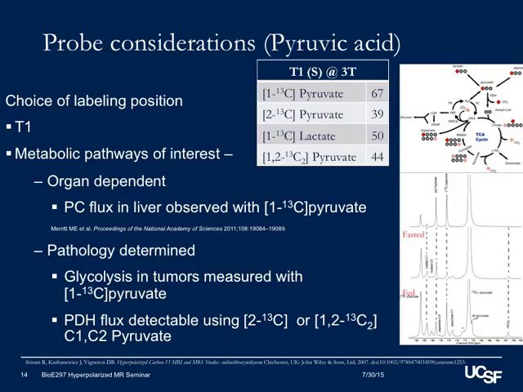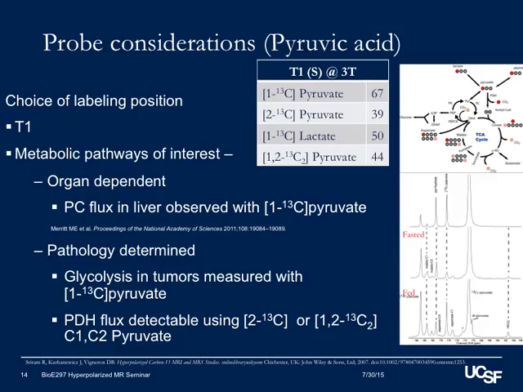If you were to use the C2 labeled lactate alone and use the lactate as a readout, you're going to be really surprised, because it's as short as 10 seconds in vivo for the C2 lactate. So you have a very limited amount of time to actually measure your probe. And so you're going to be extremely SNR challenged if you want to do lactate as a biomarker using only the C2 pyruvate.